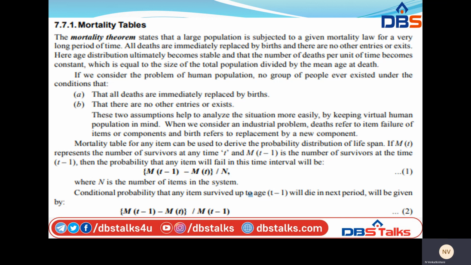So in a city, in one day, let us consider 100 deaths. So for one day in a city, 100 deaths are there. The same number of births replace the deaths, then it is on average.